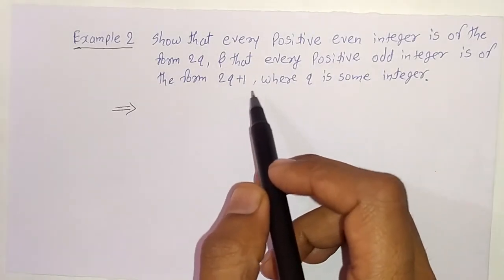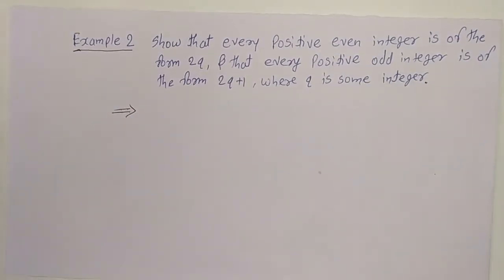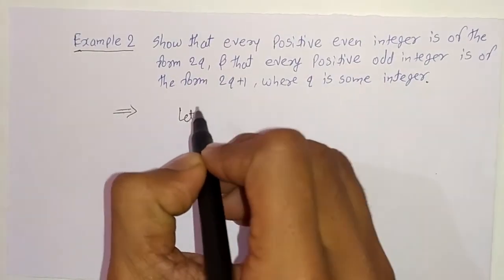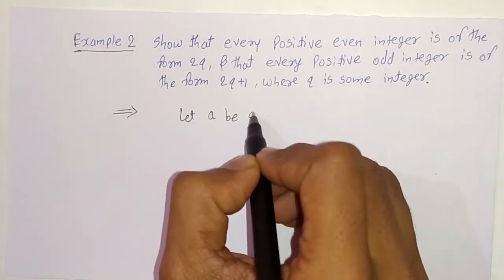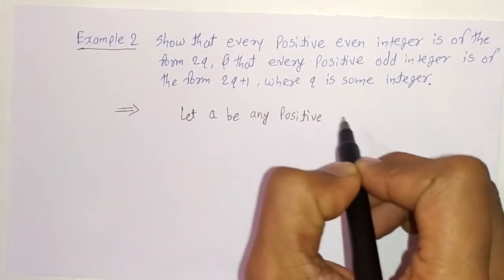So how to solve this problem? It is obvious that you have to use Euclid's division lemma. Before that you have to make an assumption: let a be any positive integer.